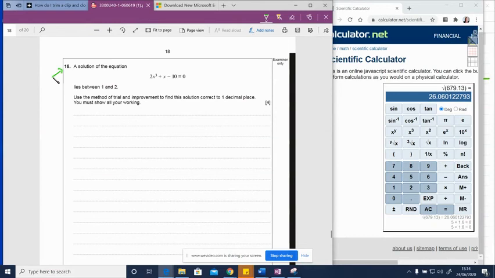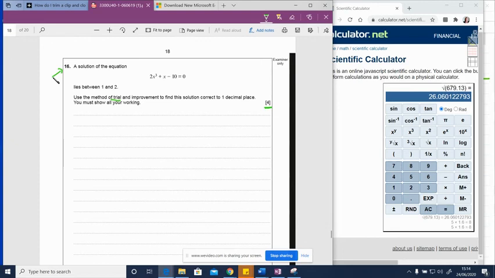Question 16 asks us to find a solution to the equation, so find the value of X using trial and improvement. Now, in the last 5 years, there has always been a question on trial and improvement in the GCSE exam. So you should make sure you learn the method because it's almost a guaranteed 4 marks and it's almost guaranteed to appear.